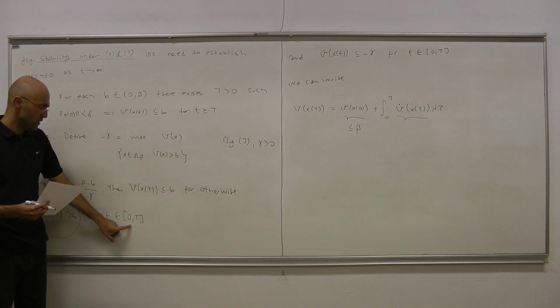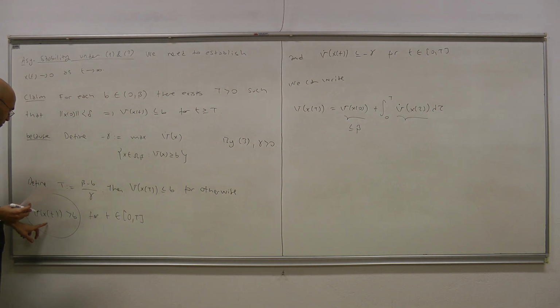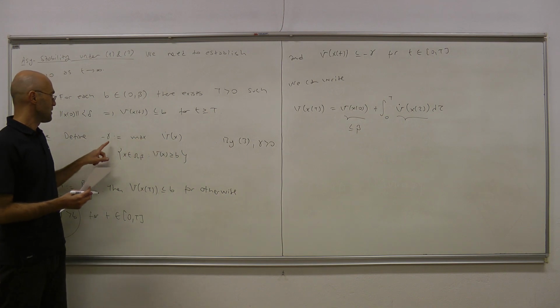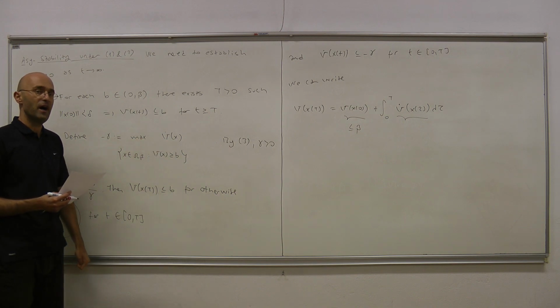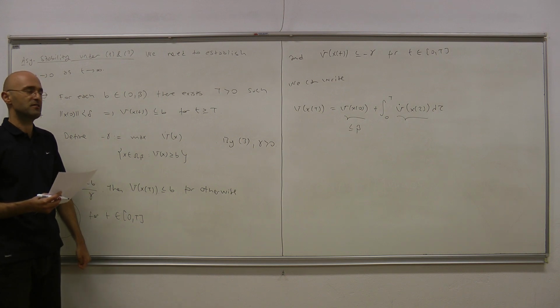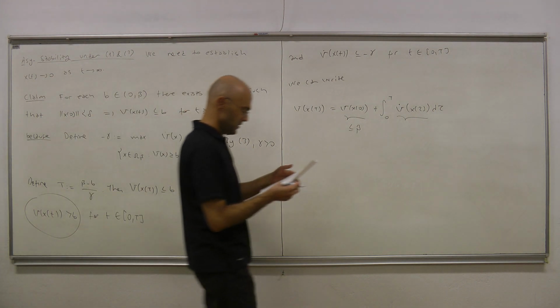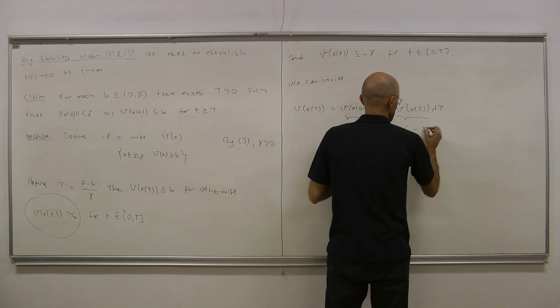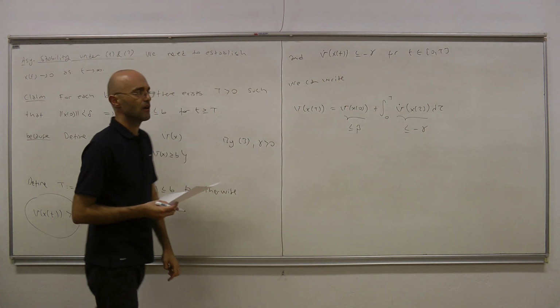Since in this interval from 0 to capital T, v of x of t is larger than b, v dot is less than or equal to minus gamma, because this is the maximum that's attained by v dot. Therefore, this is less than or equal to minus gamma.